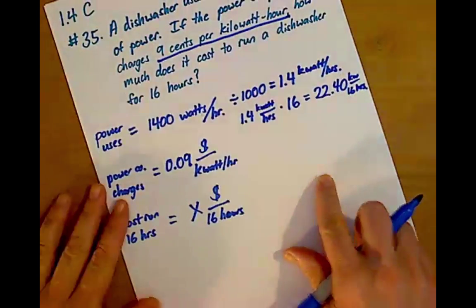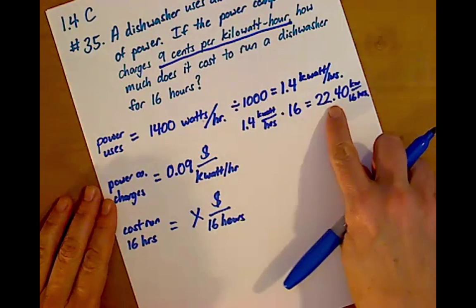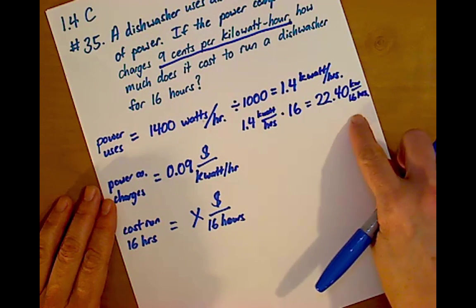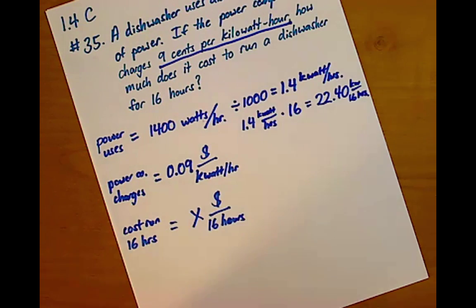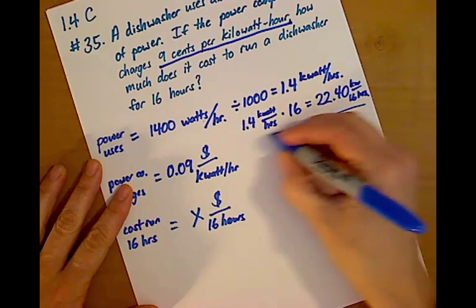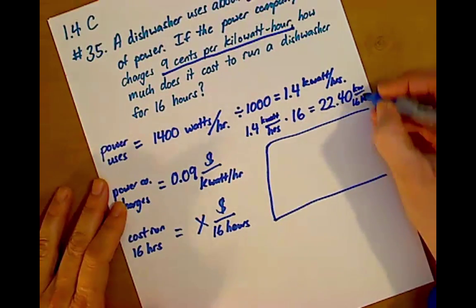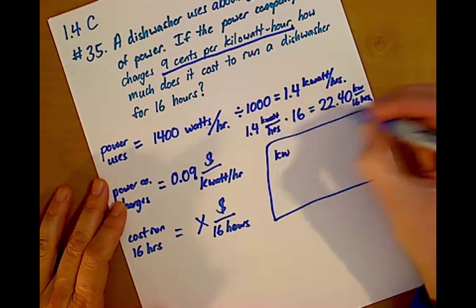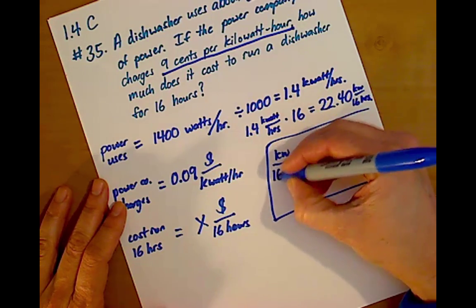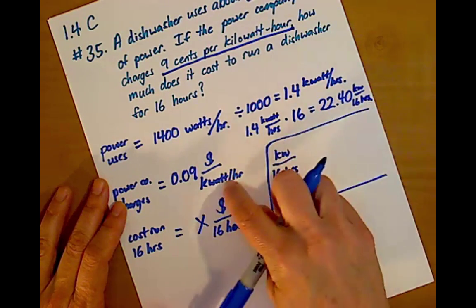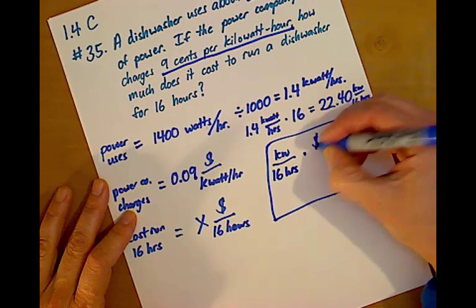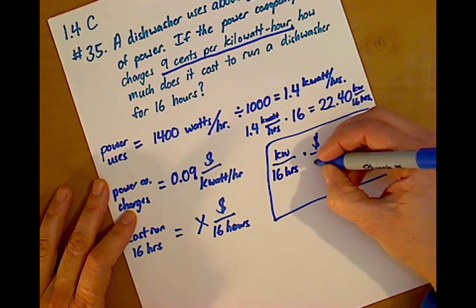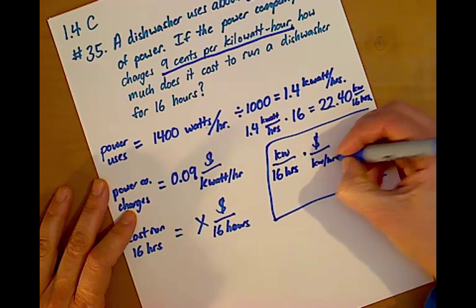So now the question is, are we going to multiply or divide? We know this is how many kilowatts are used in 16 hours, and this is how much they charge. If you look at that, you can probably tell that we're probably going to multiply, but let's double check and make sure. So here in this box, this is where we're going to double check. So here is kilowatts per 16 hours, and this one is times dollars per kilowatt hour.